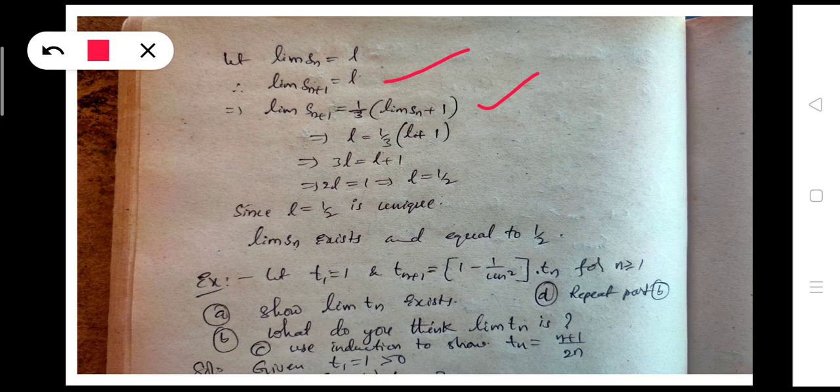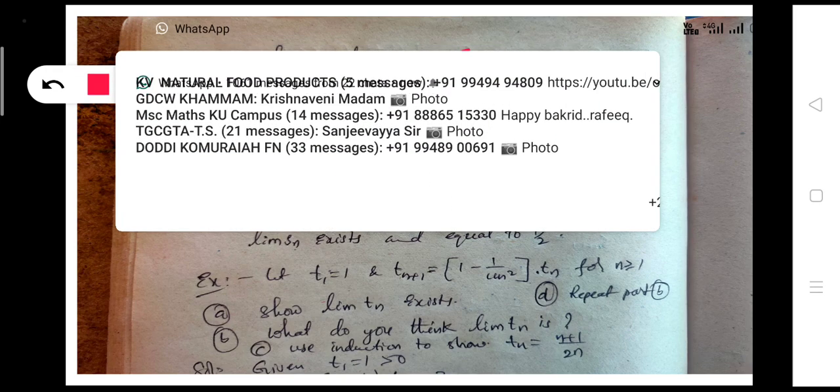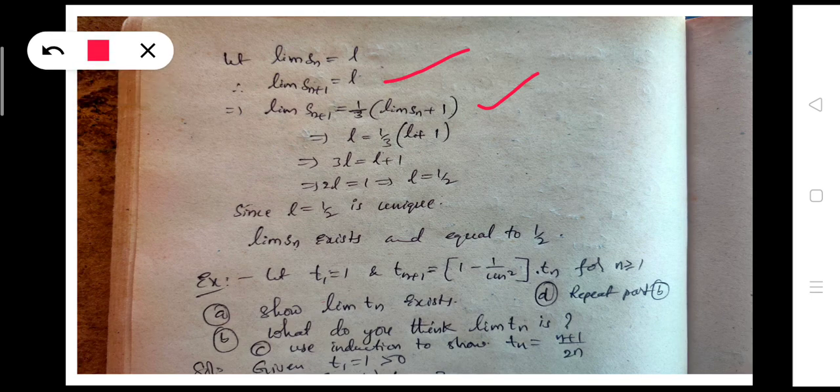So we take the limit. The limit of S(n+1) is equal to 1/3 times (the limit of S(n) plus 1). The limit of S(n+1) is L, and the limit of S(n) is L, so L equals 1/3 times (L plus 1).